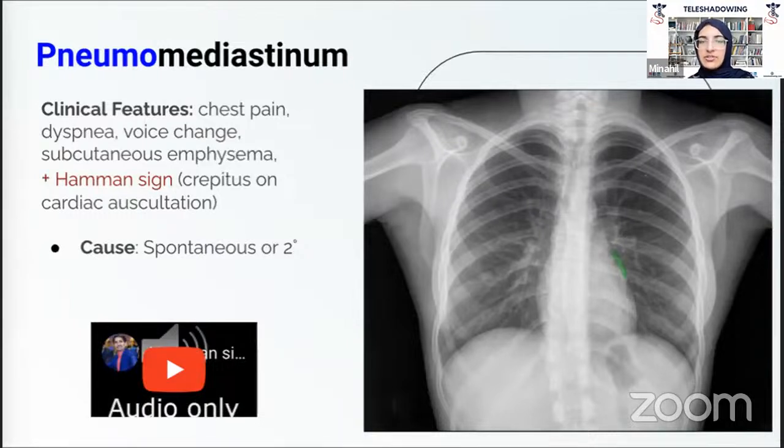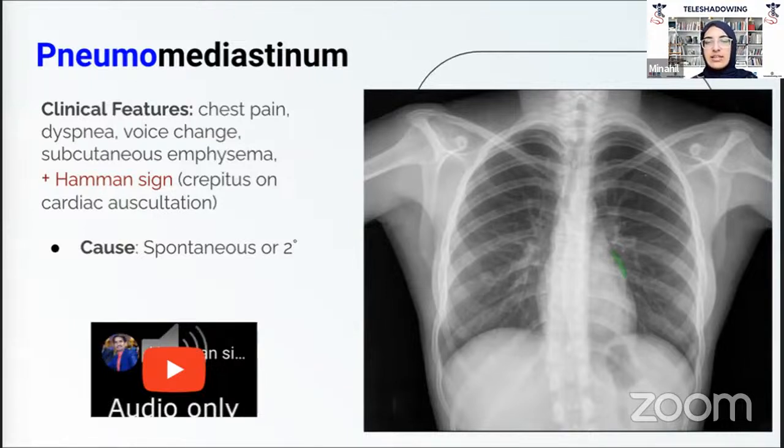After esophageal or alveolar ruptures, in the pathophysiology of this disease, air would rupture through a bundle called the peribronchovascular bundle to the mediastinum. Injury to the tracheobronchial wall or esophagus can cause air to leak directly into the mediastinum.